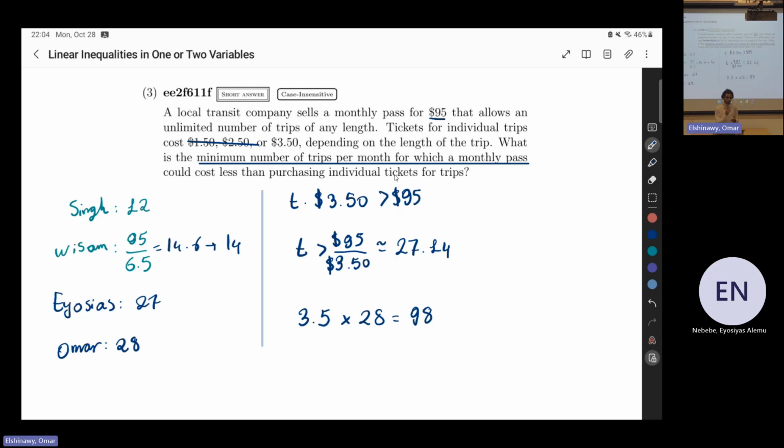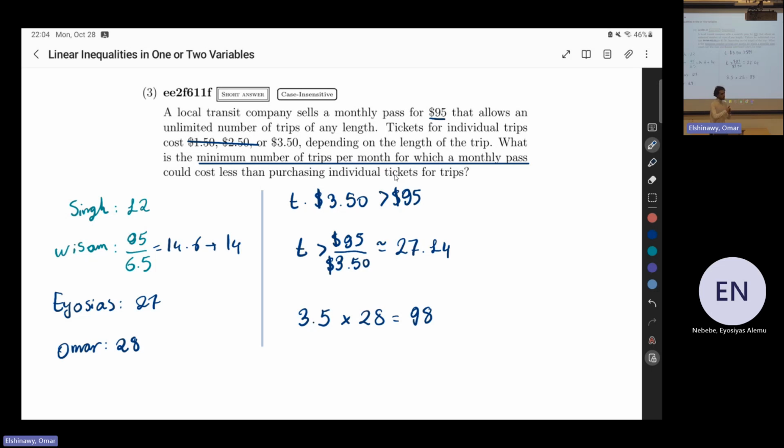If I take 28 trips with the monthly pass, how much do I pay? I pay 95. If I take 1,000,000 trips with the monthly pass, I still pay 95. But if I take 28 trips with the normal ticket, so I buy a ticket every single time, I get 98.